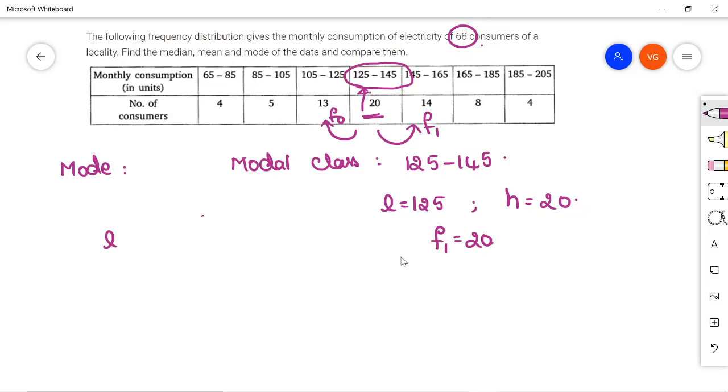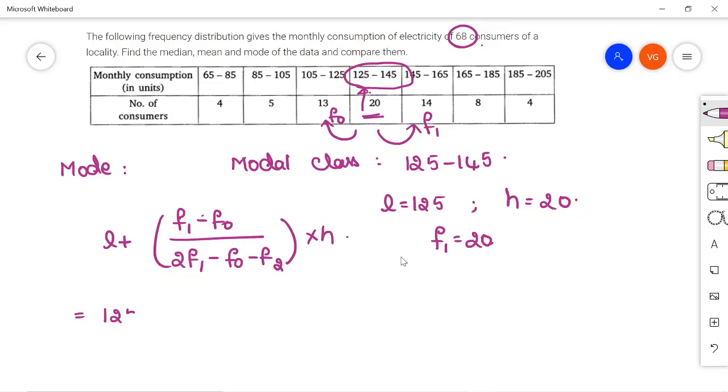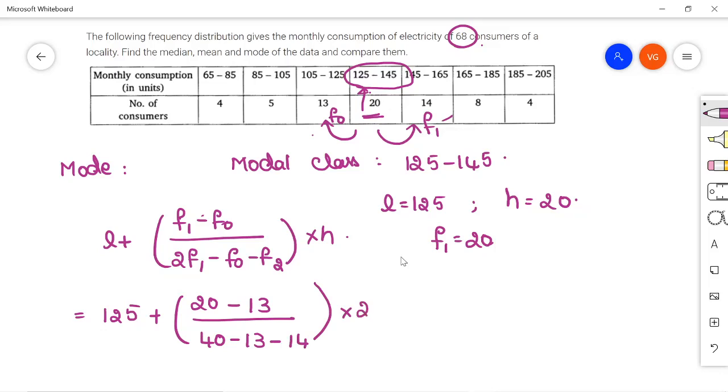So write down the formula for mode: l plus f1 minus f0 divided by 2f1 minus f0 minus f2, into h. So this is very simple. Try to substitute all the values. 125 plus f1 is 20 minus f0 is 13, divided by 2f1 is 40 minus 13 minus f2 is 14, into 20.